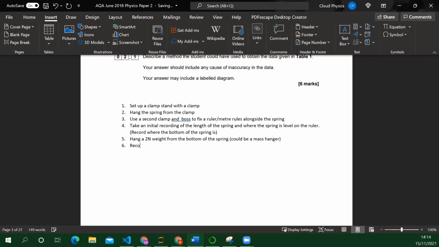Then record the new position of the bottom of the spring. Calculate the change. That's the extension, so how much it's stretched. Easy enough. Then add 2 newton weights at a time, calculating the extension each time.